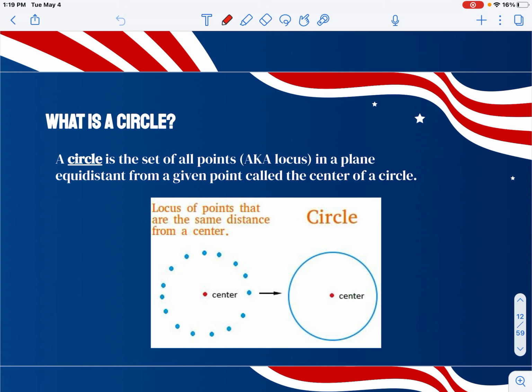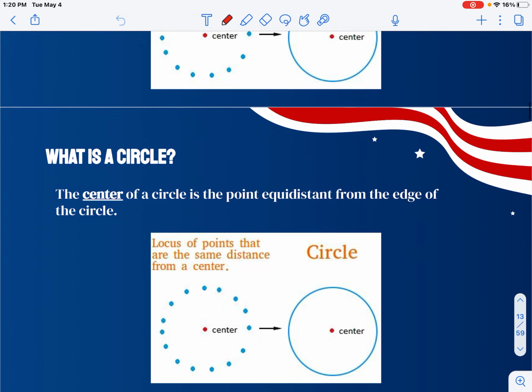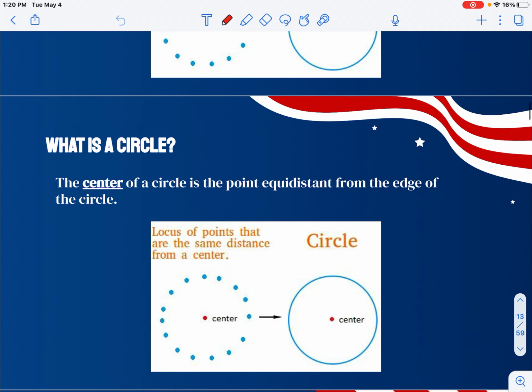As you notice in that picture, assuming all those points are equal distance away from the center, if we were to fill in the circle with even more points equally distant from the center, that would make a circle. That's all it is. The center of the circle is the point that is the same distance away from all the other points on the circle.